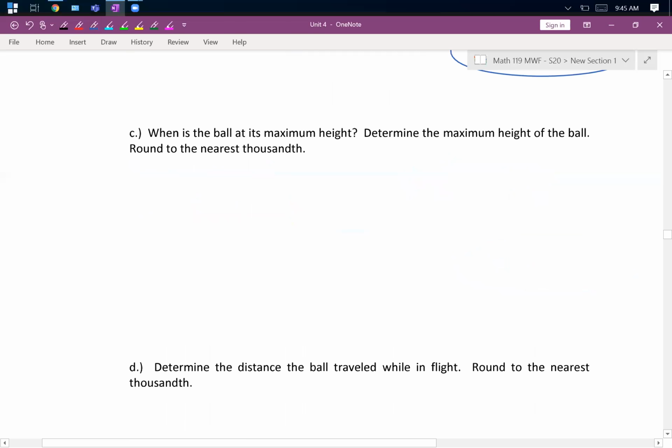All right, then. Part C says, when is the ball at its maximum height? Determine the maximum height of the ball. So when is it at its max height, and what is that max height? Which equation are we going to use, the x or the y? The x. Tell me why.